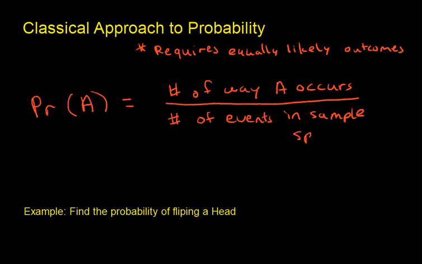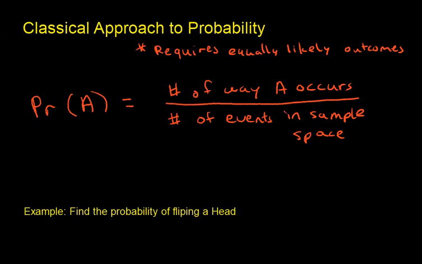This is actually why we talked about how to determine a sample space, was mostly so that we would be able to use this classical approach to probability. All right. Okay, so let's go ahead and let's start with this first example.